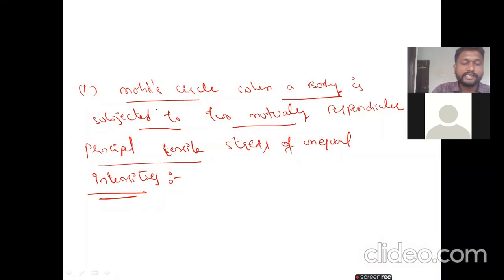Now when it is like this, it is required to find the resultant normal stress and also the tangential stress on the oblique section.